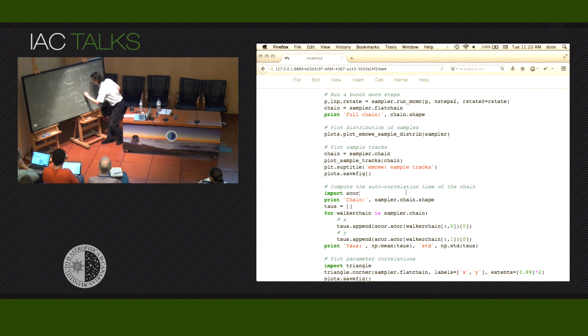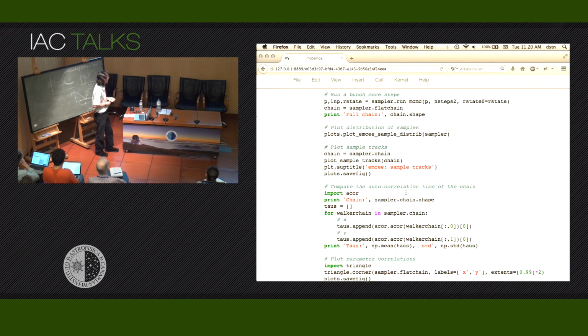So this is the autocorrelation time. I don't know exactly how it's formally defined, but I only deal with sketchy ideas of things like that.